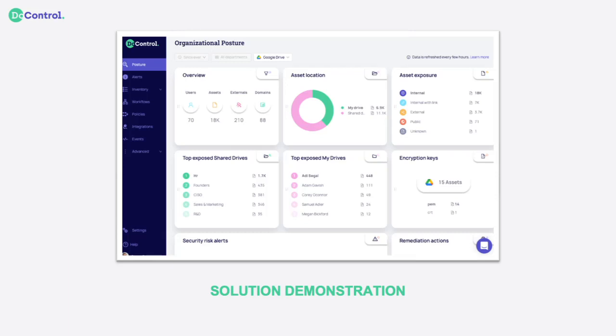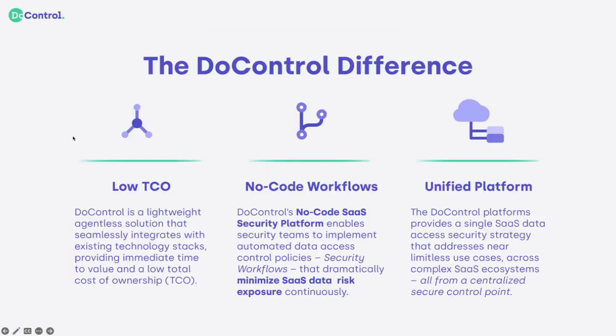All right. So the DoControl difference, as I mentioned, is a totally lightweight, agentless solution that easily integrates with your existing stack, with low total cost of ownership. We don't carry any technical debt whatsoever. It's fully SaaS.